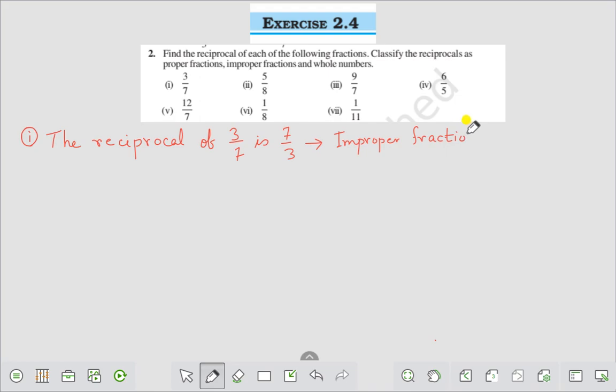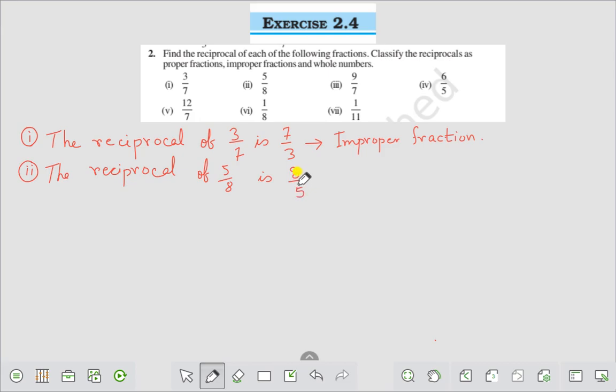Right? Now, question number 2 is 5 by 8. The reciprocal of 5 by 8 is 8 by 5.